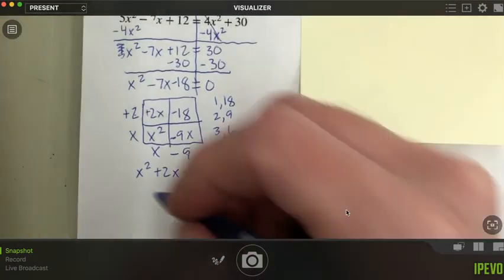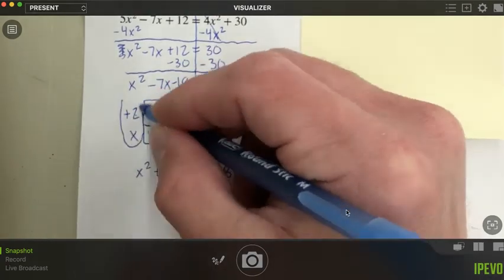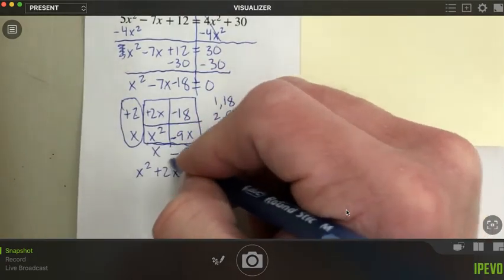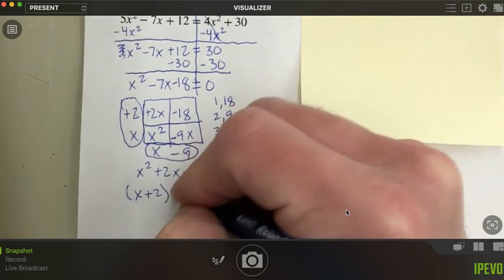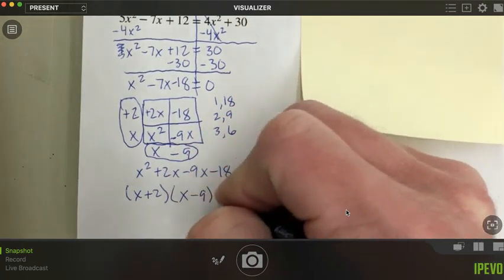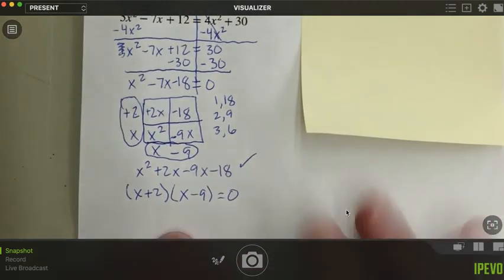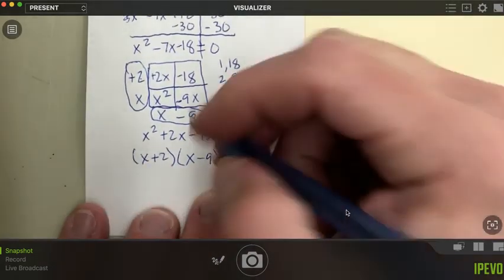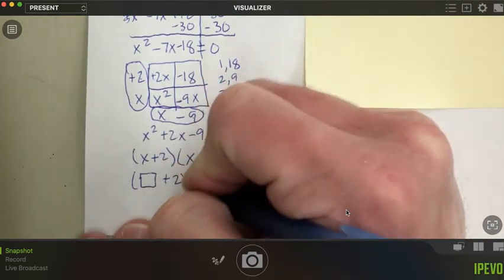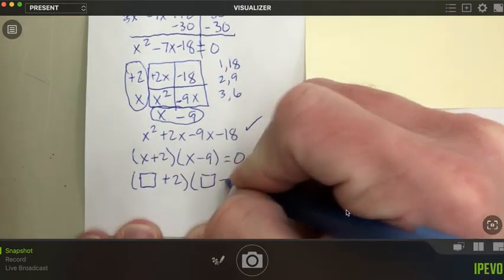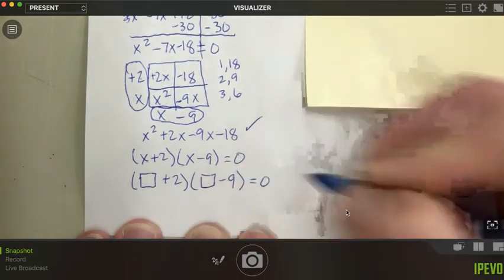All right, so let's write it out in our factored form. We now have x plus 2 times x minus 9 equals 0. So what makes this true? Well, some number plus 2 times that same number minus 9 has to equal 0.